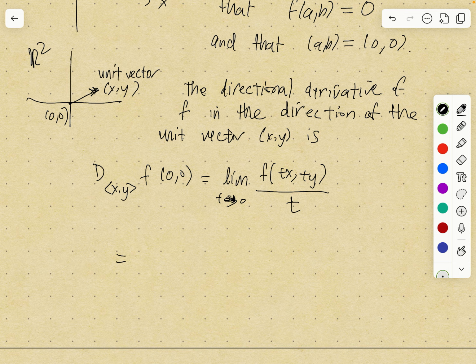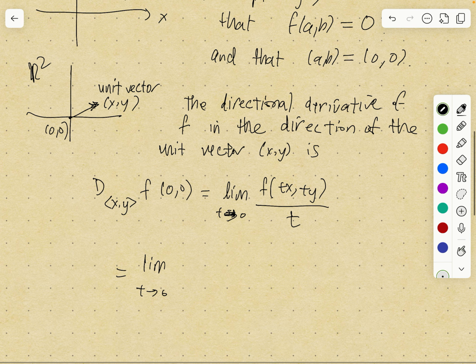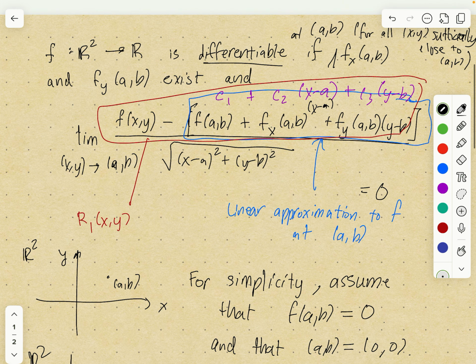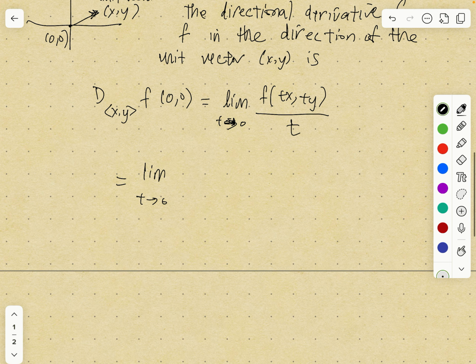Well, since f is differentiable, actually we're not using the differentiability yet. At this step, we use the fact that we define r sub 1 of xy to be the difference of f of xy and the linear approximation.